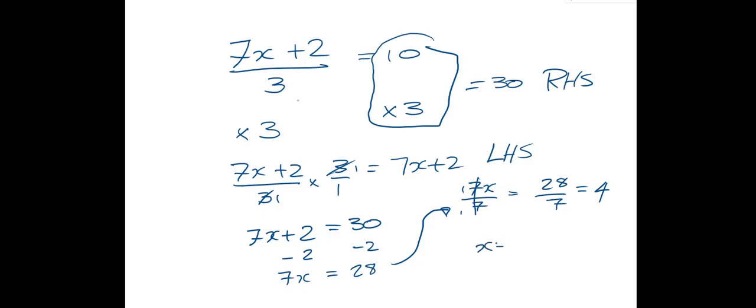So x equals 4. Let's test it out. If this is true, then 7 times 4 plus 2 all divided by 3 should equal 10. Well, 7 times 4 is 28. 30 divided by 3 is 10. Yep, it works.